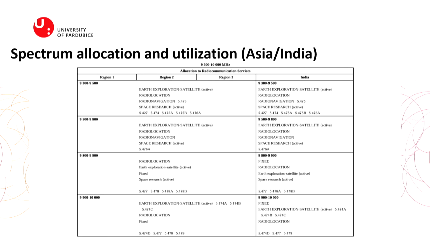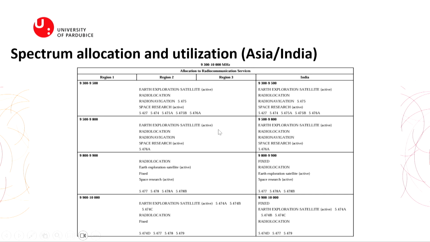And there is in X-band an example, you can see radiolocation, radionavigation. So it is our radars in X-band. It is just from 9.3 to 10 gigahertz as an example. And it is for each region and for India specifically.